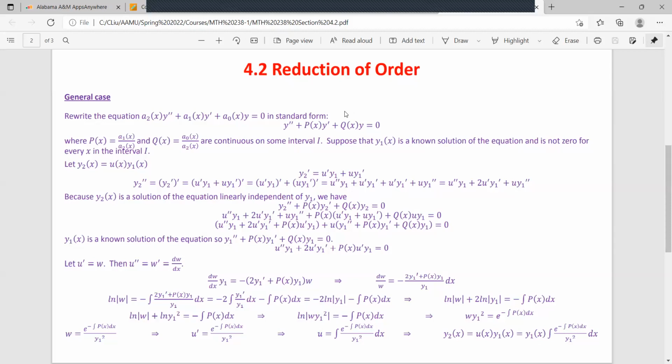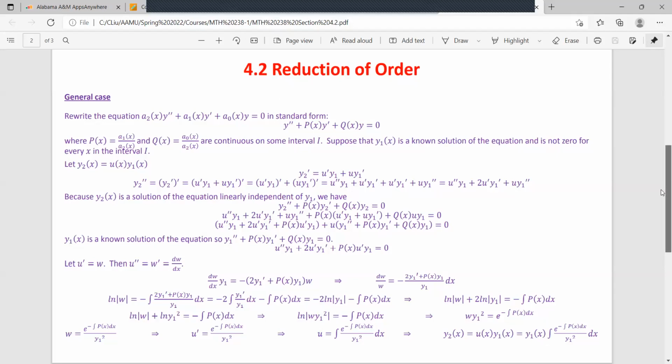P is just from the differential equation in the standard form. So we just plug in those functions and integrate to get the y2. But remember, you have to write the differential equation in standard form to start. Just to remind you of that.